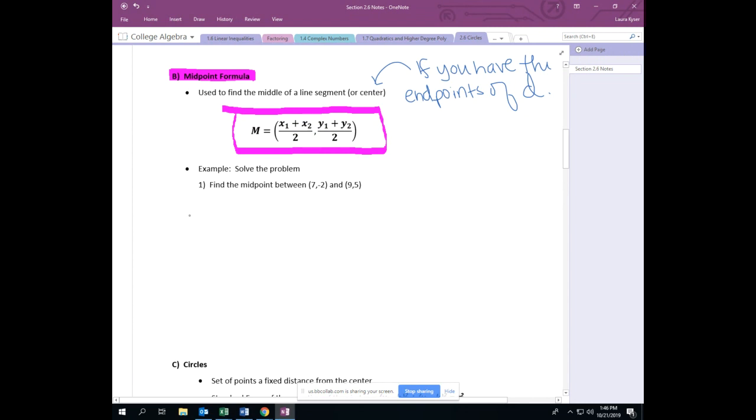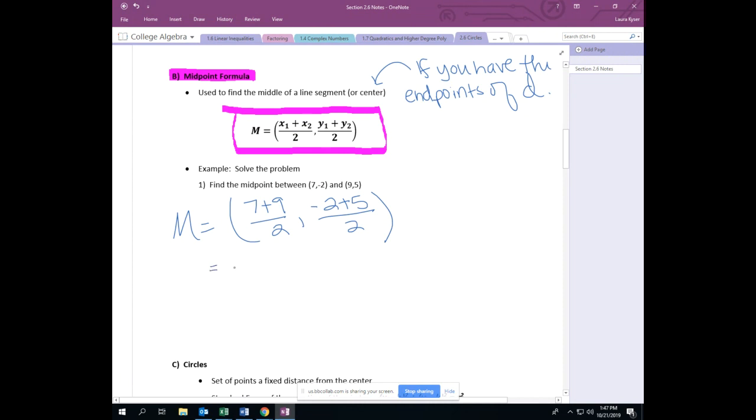So when we go to find the midpoint, this time we are taking the x coordinates and adding them together and dividing by 2. And then taking the y coordinates, adding them together, and also dividing by 2. It's essentially just the average of the x's and the average of the y's.